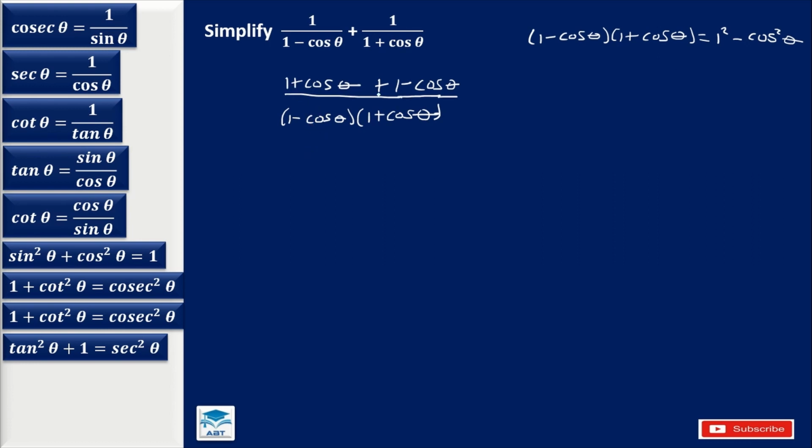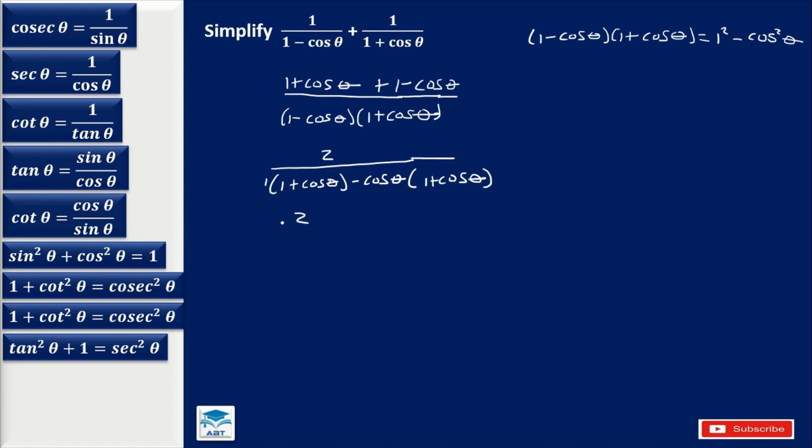But let's expand. We will arrive at the same answer. At the numerator, we have 1 plus 1 is 2. And cos theta minus cos theta is 0. And let's expand the denominator. So 1 will multiply everything in this bracket, that is 1 times 1 plus cos theta. And then minus cos theta will also multiply everything in this bracket, 1 plus cos theta.